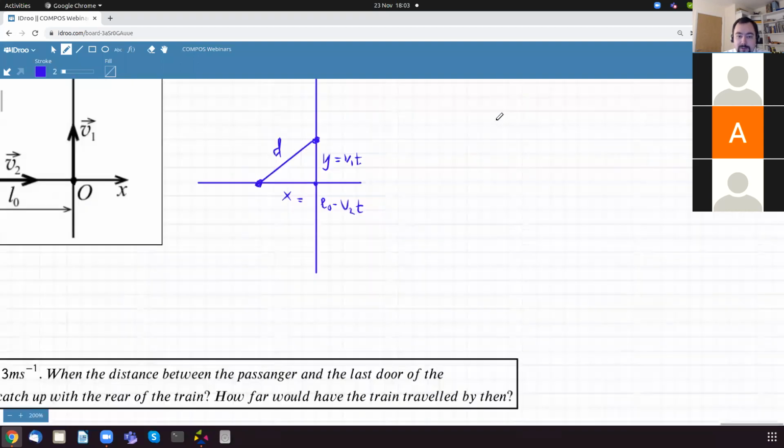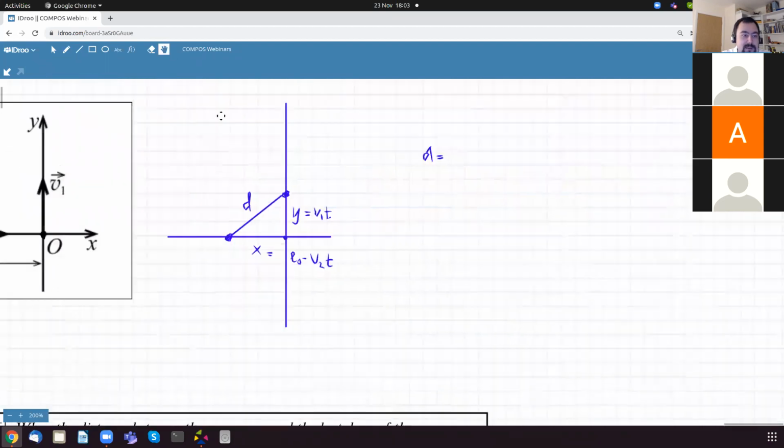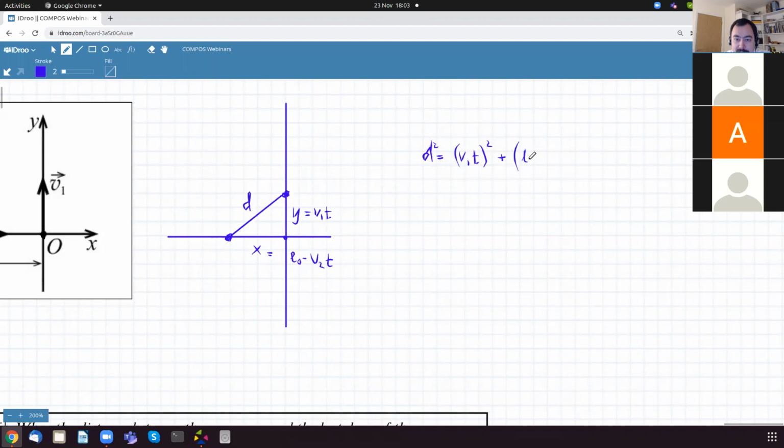From here, we can write down the square of the distance between the cars, apologies for the handwriting, as (v1t) squared plus (L0 minus v2t) squared.